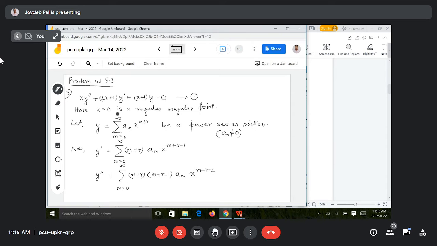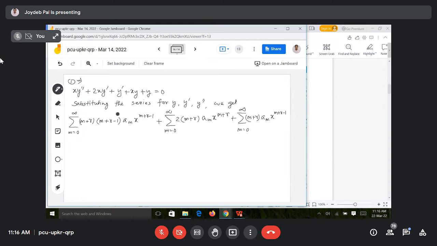We are multiplying y by x, so it will be a_m x to the power m plus r plus 1. And lastly the series for y: summation m equals 0 to infinity a_m x to the power m plus r is equal to 0.